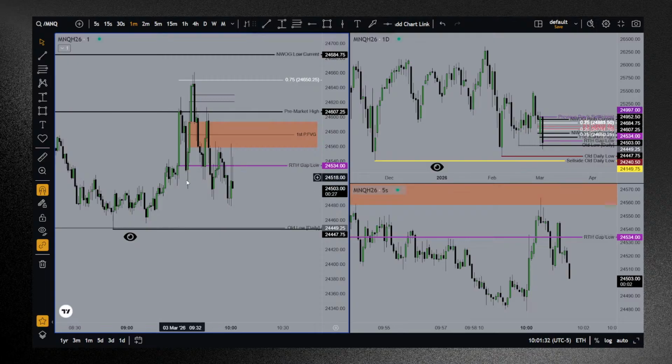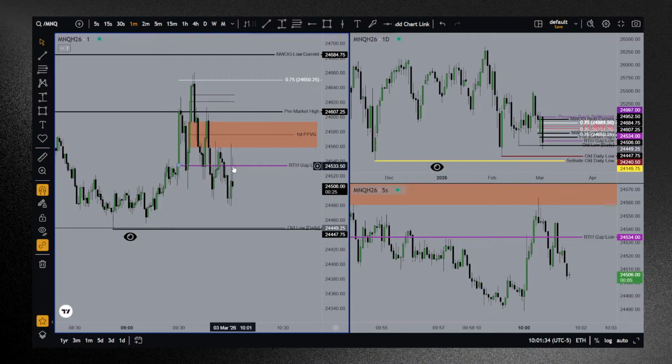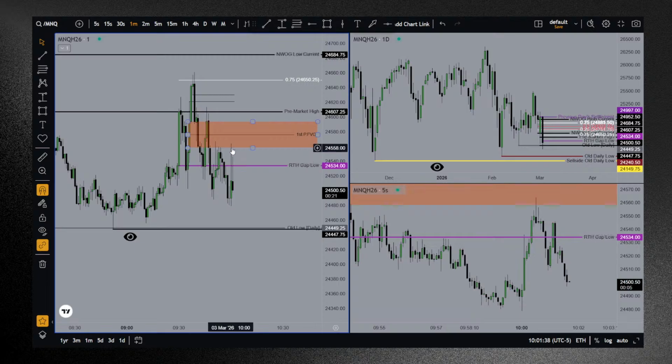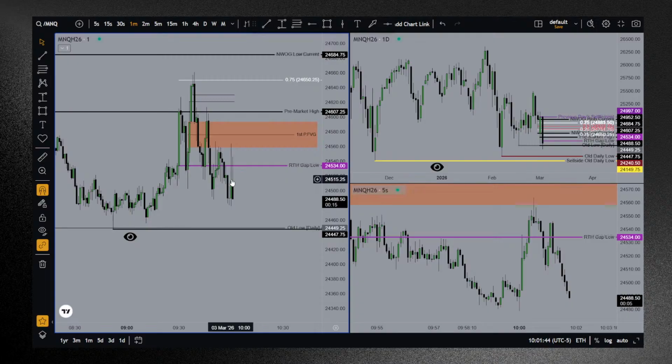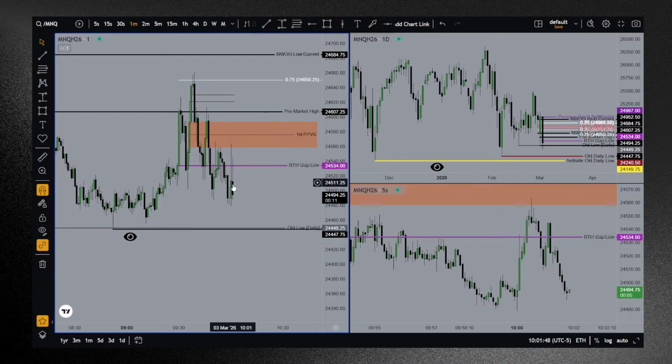So they are definitely making it slightly trickier, but nonetheless. First presentation was touched, but the body closed way below. So that's a sign of weakness to me.